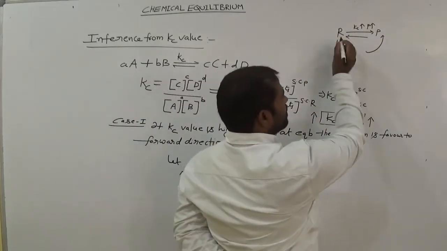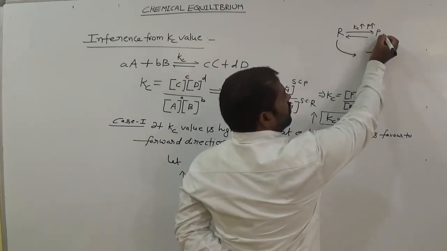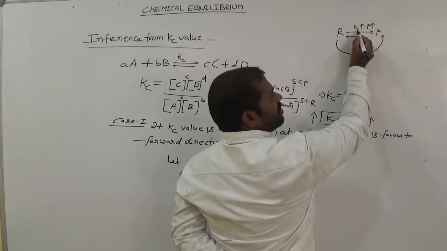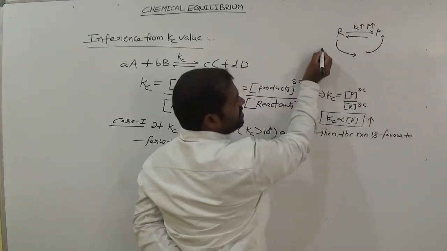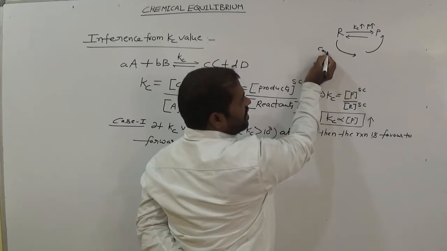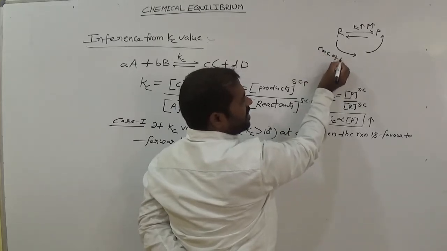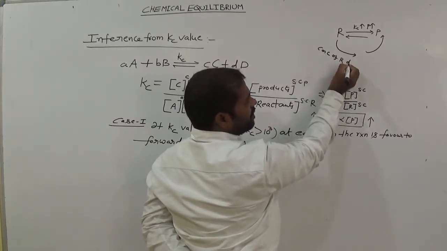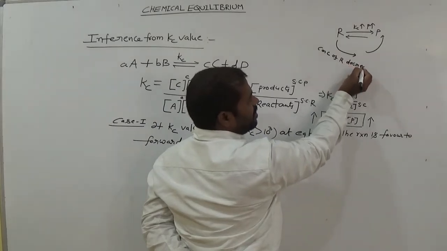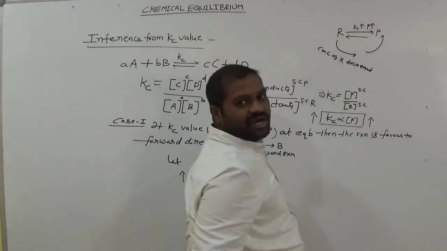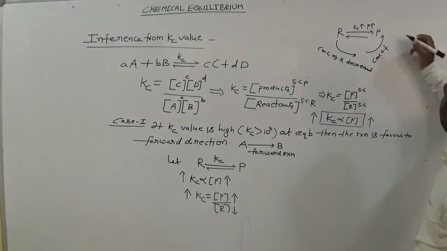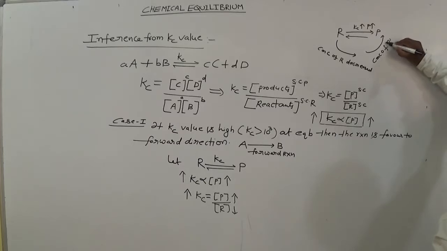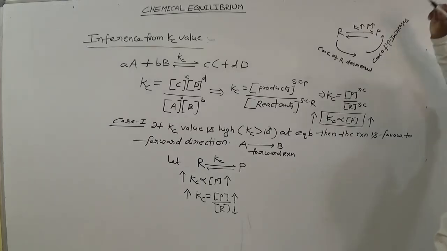So the molar concentration of products is high and the molar concentration of reactants decreases. That means the concentration of reactants is decreased, and automatically the concentration of products increases.